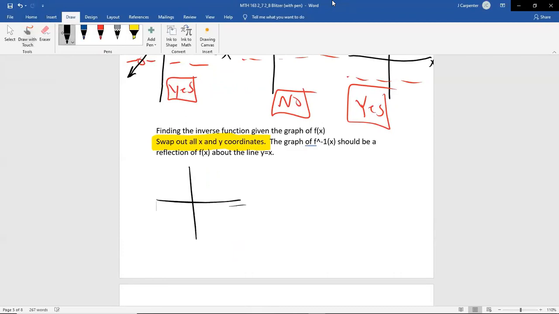It's not like we're just using this as our mirror and reflecting left or right. We're reflecting about this line right here. That's a lot more difficult to do a reflection across because it's not just left to right or up to down. It's left to right and up to down all at once. And man, I don't like doing it. If you figure it out, go for it. But me, I'm going to go with swapping x and y coordinates.